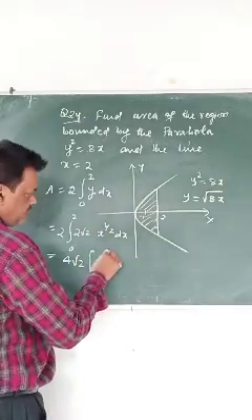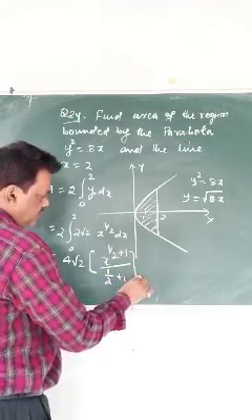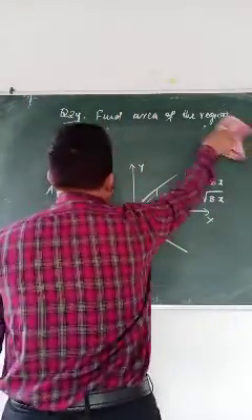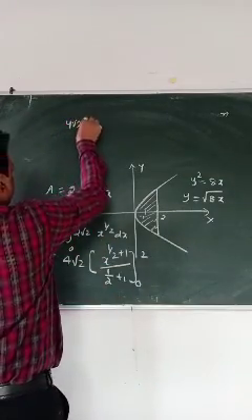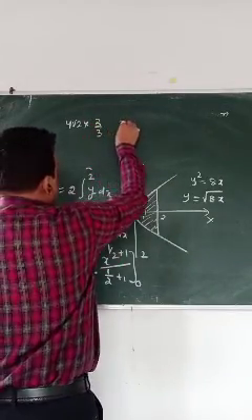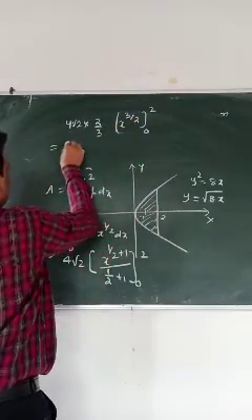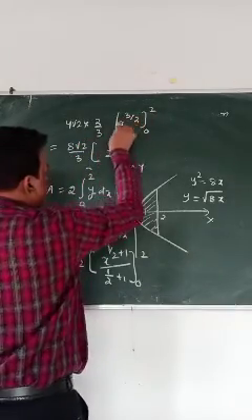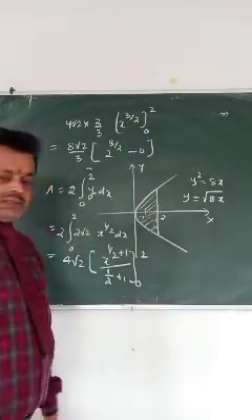And x to the power half plus 1 by half plus 1, 0 to 2. So that gives you 4 root 2, this is 3 by 2 will become 2 by 3, x to the power 3 by 2, 0 to 2. So 8 root 2 by 3, 2 to the power 3 by 2 minus 0. 0 to the power anything is 0.